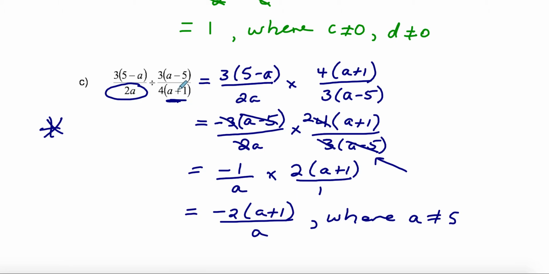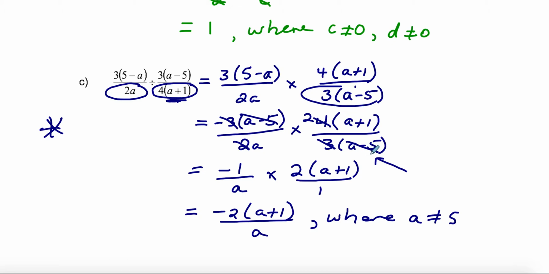I also have to state my restrictions from here. But then when I invert and multiply, this numerator actually became the denominator. So I need to state my restrictions from there as well.